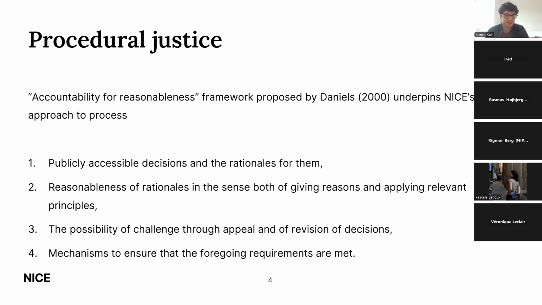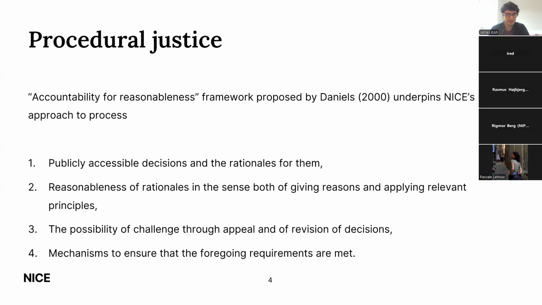And some of the features of it I've listed here. So the documentation of all of its methods and processes is publicly available, decisions that are made by the organization are published and have the rationale provided, and there's a capacity to appeal against decisions, all of which are features of the way that NICE operates.